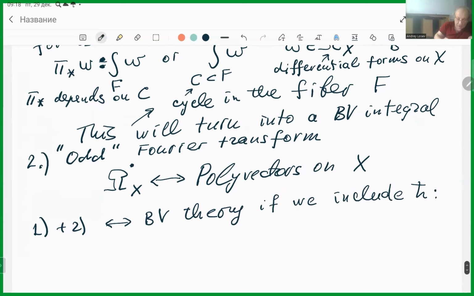So you may call it idea number 3. We will consider a polyvector that equals e to the 1 over h, and here we have an object that is SBV.